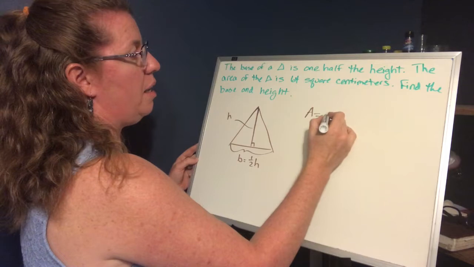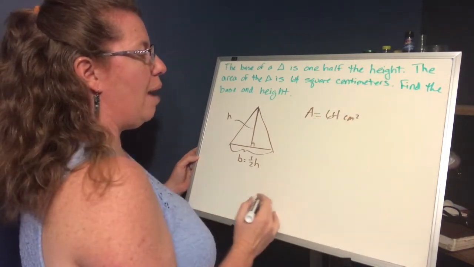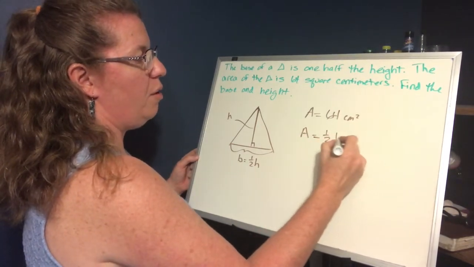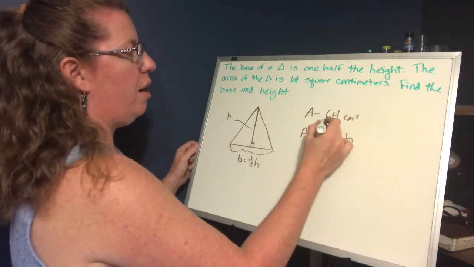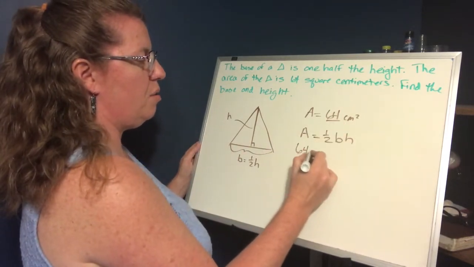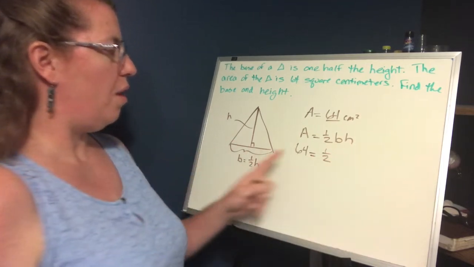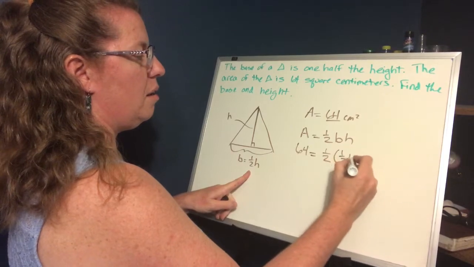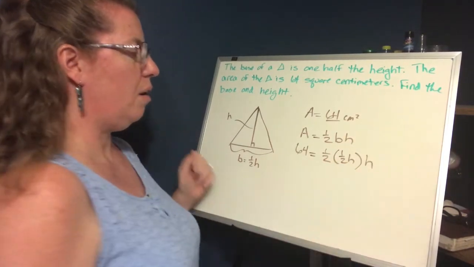We know the area is 64 square centimeters, and we also know our formula is 1/2 base times height. So we're going to put the amount of our area on the left side. Let's substitute that. Area is 64. We know the base from over here is half of our height. And then we're using h for our height, so we can just leave him there.